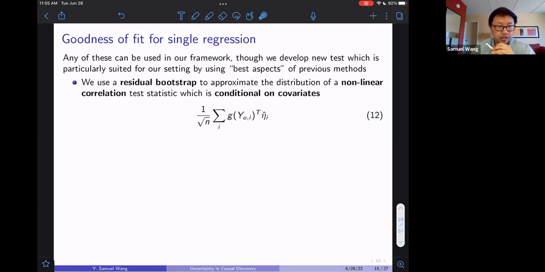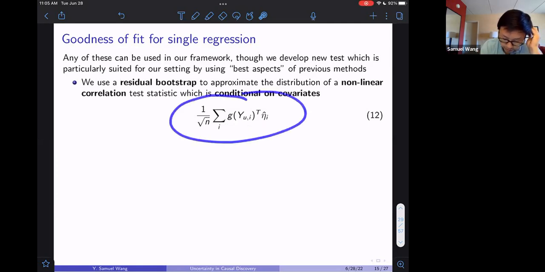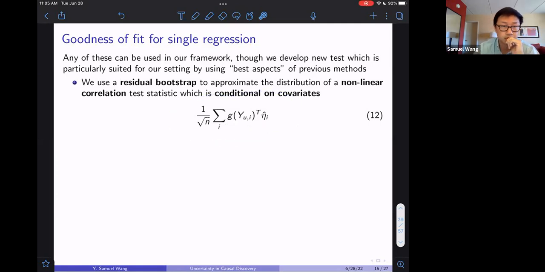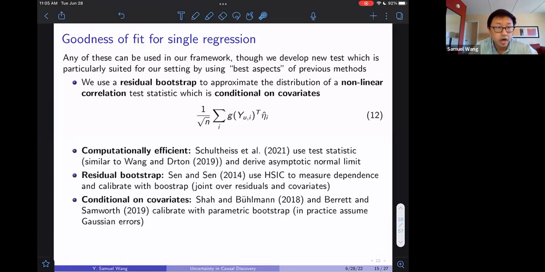In particular, we use a test statistic which is a scaled sample mean of the product of a nonlinear function G, which takes in one of the predecessors of v, and eta, the residuals. So we're thinking about scaled sample moments of this form. One of the reasons we use this test statistic is that we'll need to compute this test many different times, so we want something that's computationally efficient.